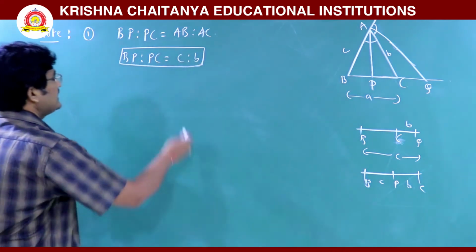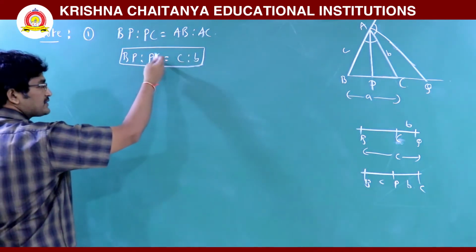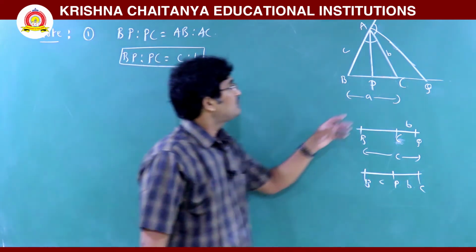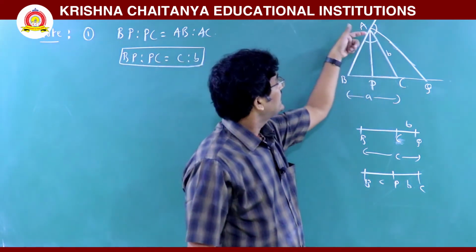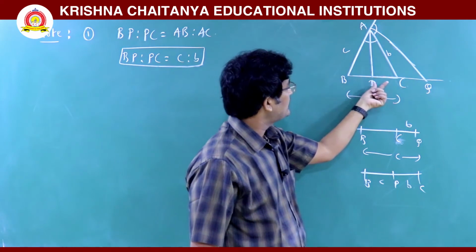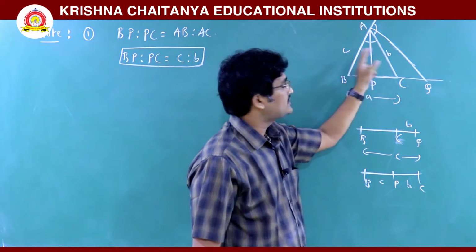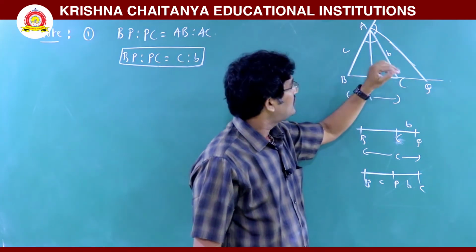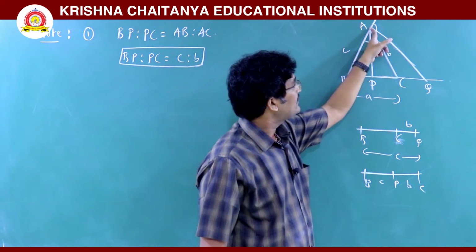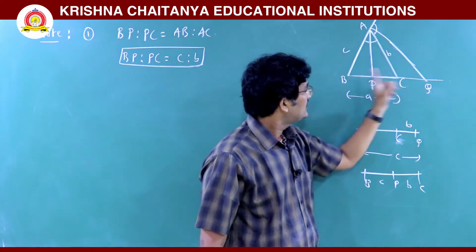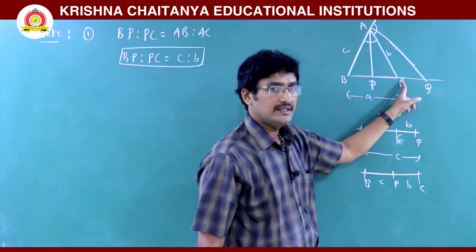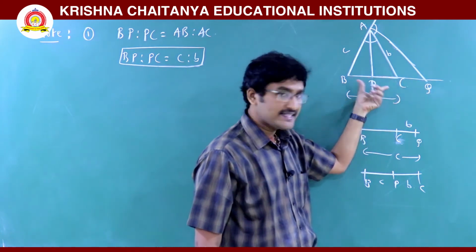So I already explained about this one. With respect to this one, I want to explain one more thing here. Suppose the internal angular bisector of A meets BC bar at P, then BP is to PC equals c is to b. In the same way, we have to prove that the external angular bisector of A meets BC bar at Q, then BQ is to QC, that means Q divides BC bar externally.